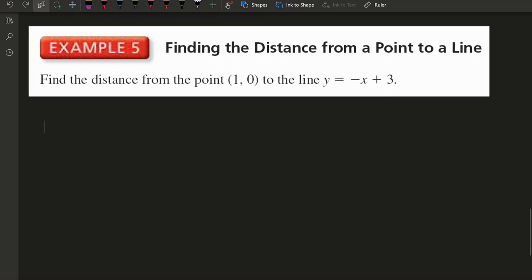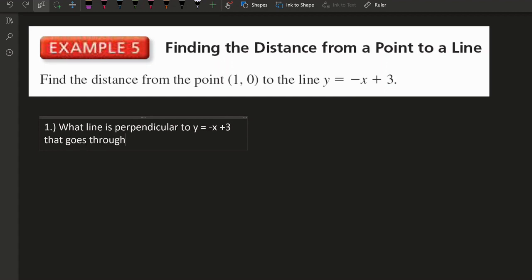Step 1: since the shortest distance is the perpendicular line, I have to ask myself, what line is perpendicular to y equals negative x plus 3 that goes through (1, 0)?